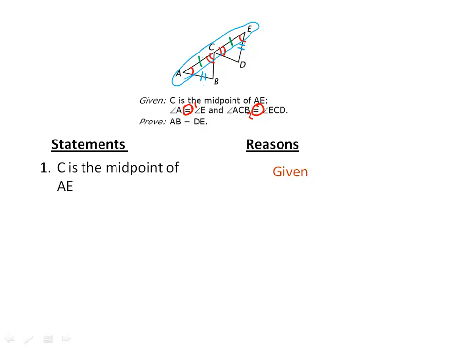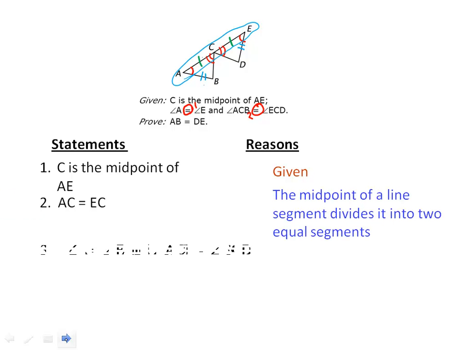So as we were going on this journey, we see C is the midpoint of AE, and that means AC equals EC, because the midpoint of a line segment divides it into two equal segments. All right, now I got my other givens. Angle A equals angle E, and angle ACB equals angle ECD.